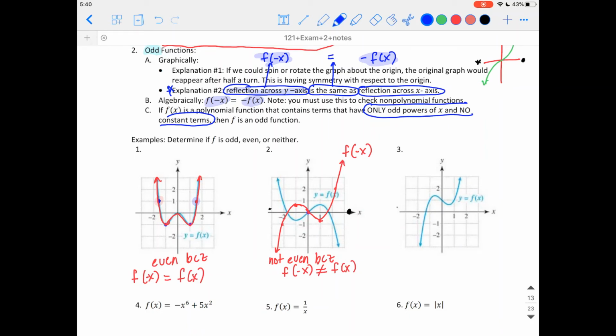So now I'm going to reflect the blue function, which is the original function, across the x-axis. So that means that if I have this point here and I reflect it across the x-axis, it's going to end up right here. If I have this point and I reflect it across the x-axis, it's going to end up right here.